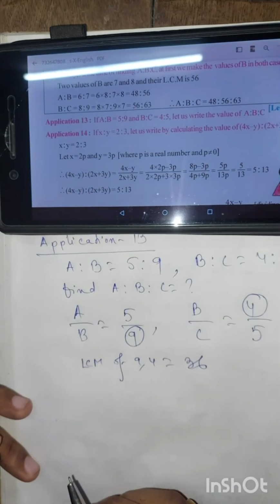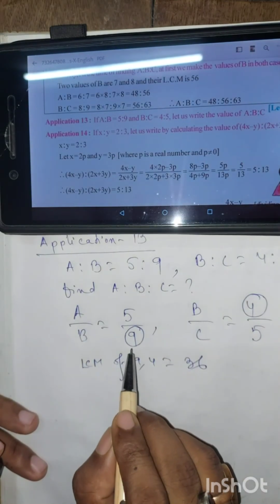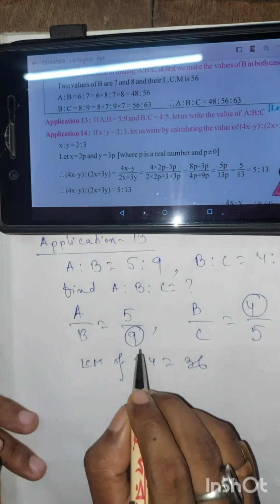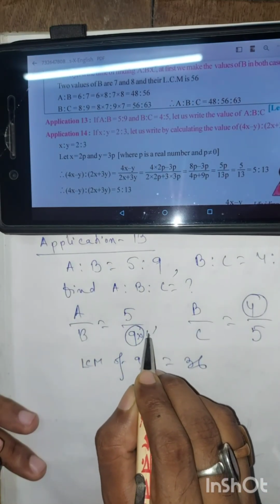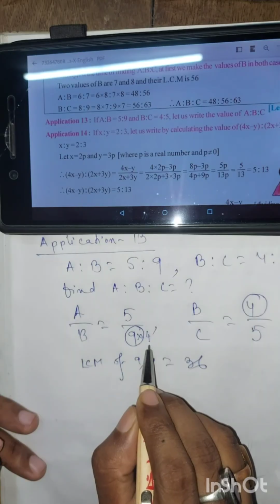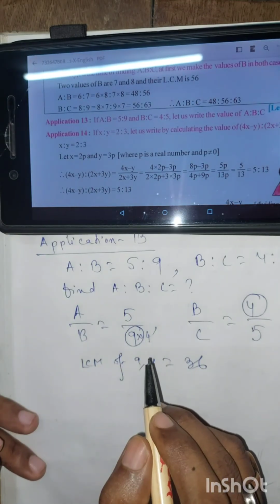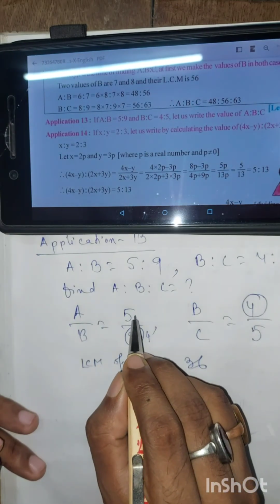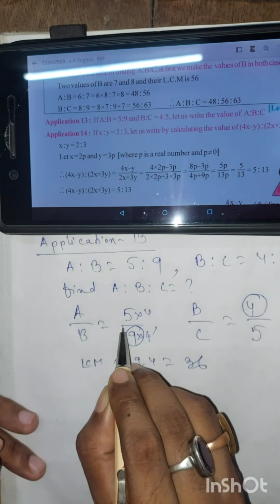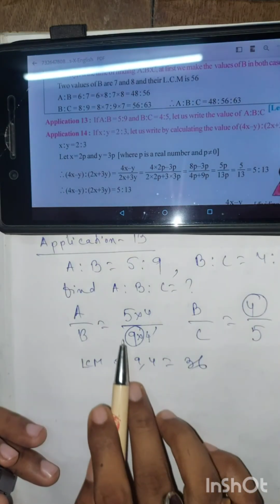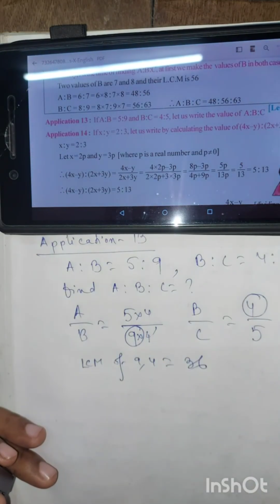So now we have to change 9 into 36. How? We are going to multiply 9 by 4. So when we multiply it, the ratio gets changed. That is why to keep it unchanged, we need to balance it by multiplying the numerator by 4.